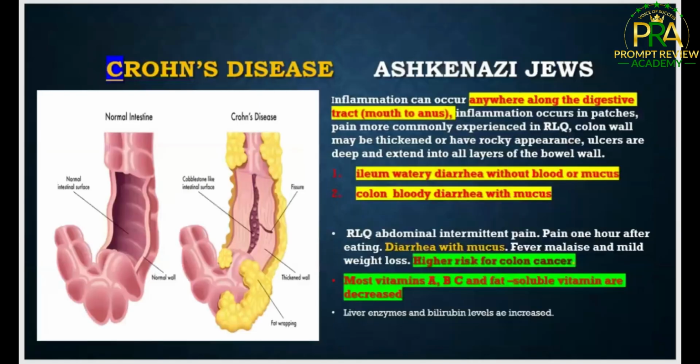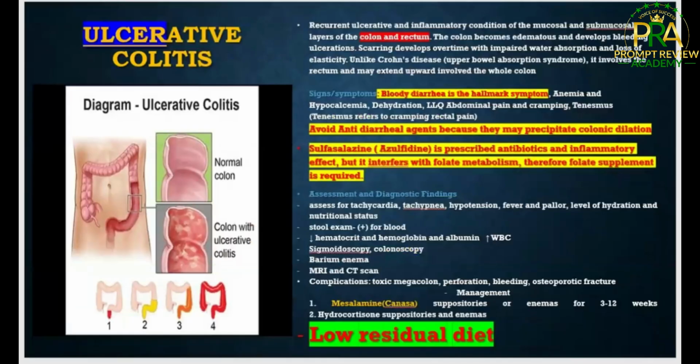If it is in the ileum, it is more watery diarrhea. If it's in the colon, it's more bloody diarrhea with mucus. But ulcerative colitis is mostly bloody diarrhea. Remember, it is down there, either in the rectum or in the colon.